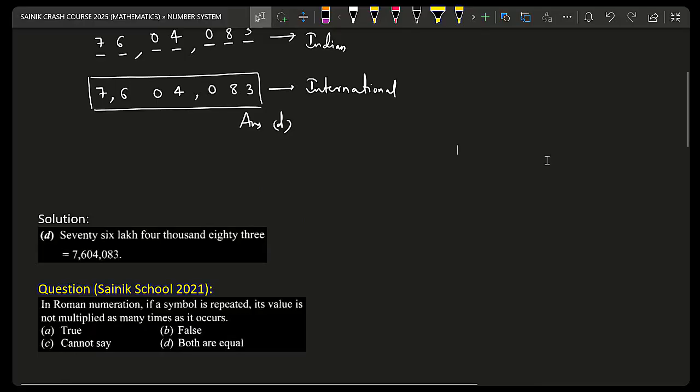In Roman numeration, if a symbol is repeated, its value is not multiplied as many times as it occurs. Who wants to give the answer for this? Raise a hand. We just want to find whether the statement is true or false.